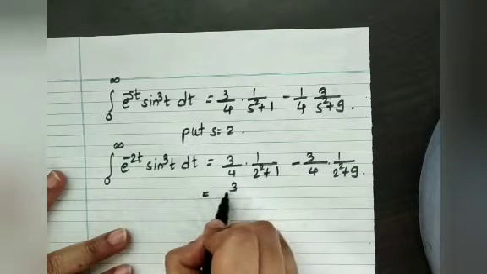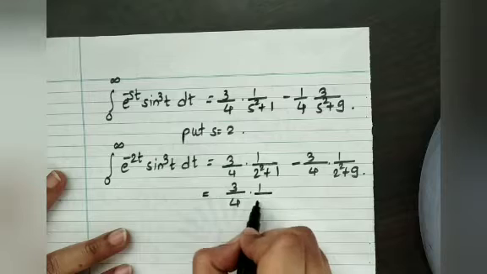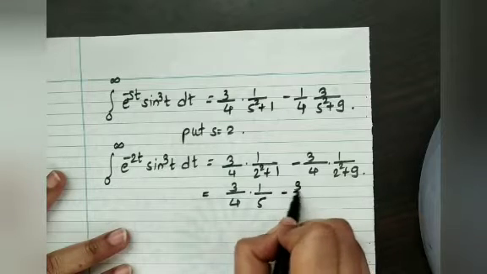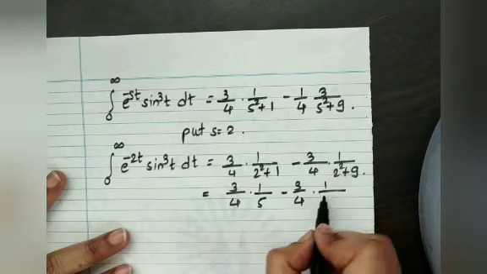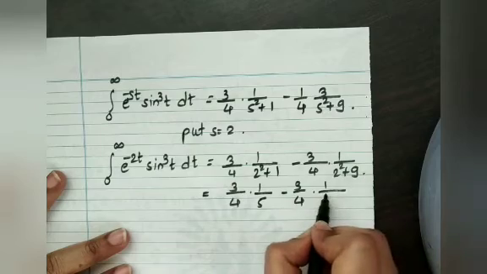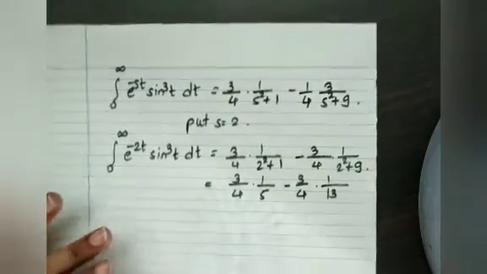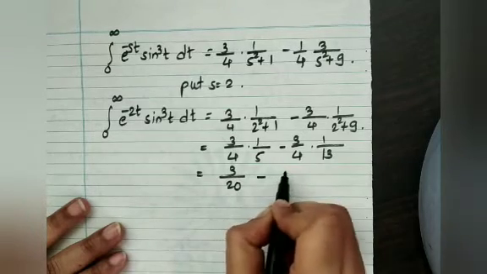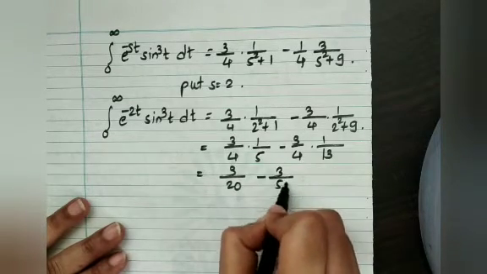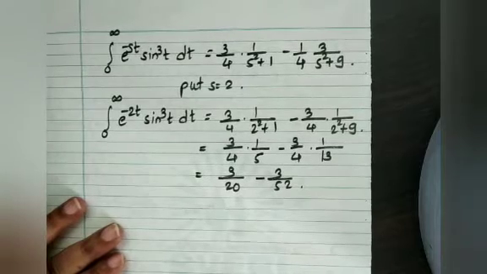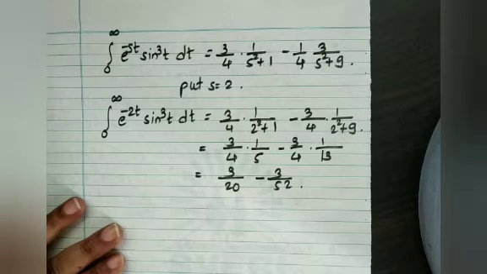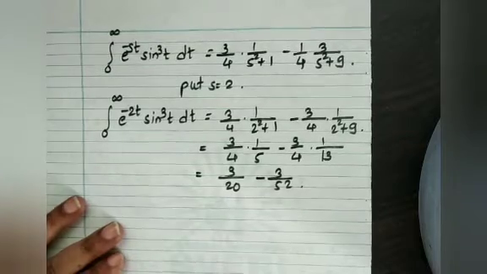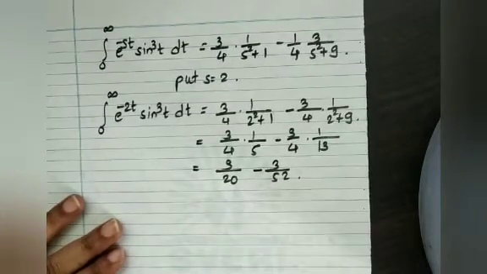That is 3 by 4 into 1 by 5 minus 3 by 4 into 1 by 13, that is 3 upon 20 minus 3 by 52. You can simplify if you want, or let it be. This is your answer.